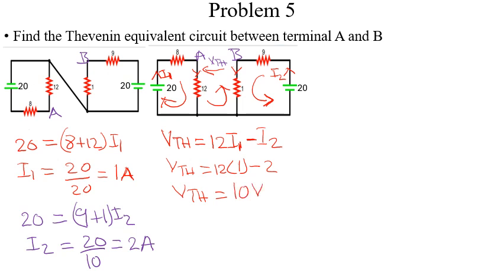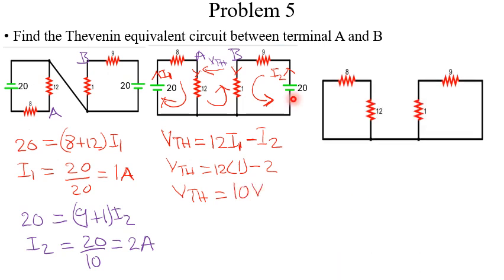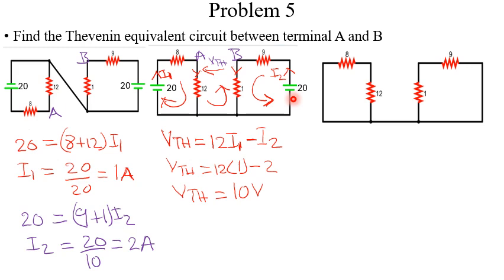After doing that, we need to find RTH. For RTH, we should short circuit all voltage sources. So this voltage source has been short circuited. That's why we now have this and this. To find RTH, realize that this 8 and this 12 are in parallel, and this 1 and this 9 are also in parallel.